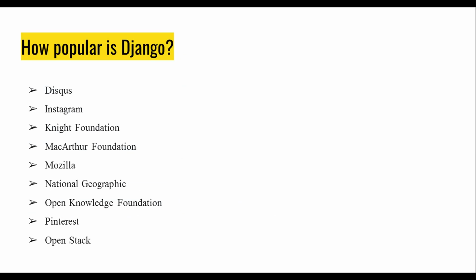We can calculate the popularity based on the number of high profile sites that use Django, the number of people contributing to the code base, and the number of people providing both free and paid-for support. Here I have listed some popular high profile sites that use Django, which include Disqus, Instagram, National Geographic, Pinterest, etc.